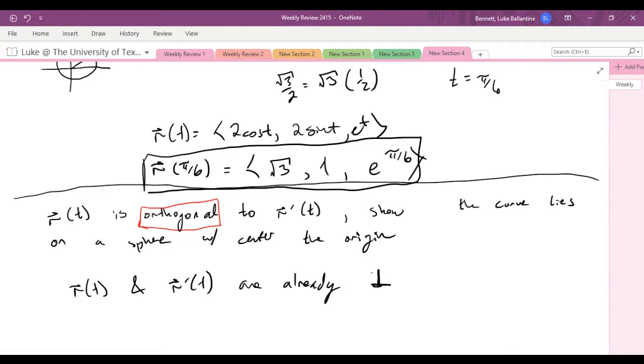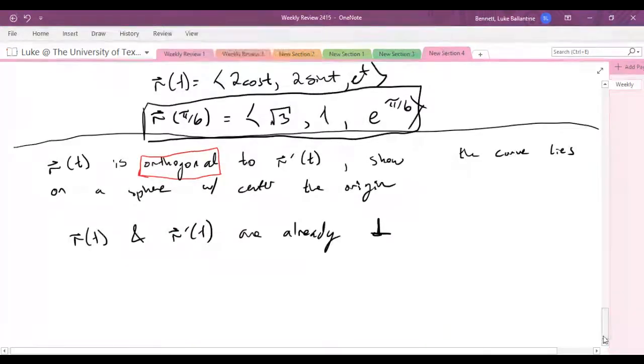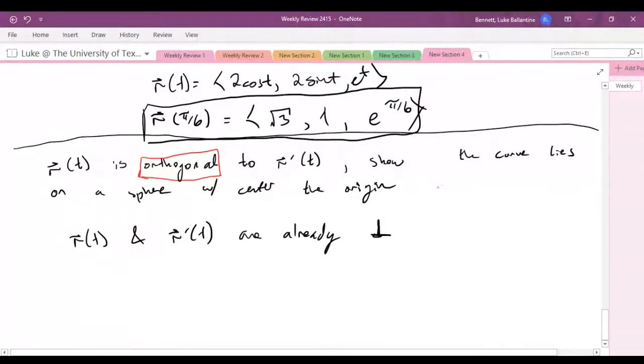So then I would have 3 orthogonal vectors. So that's not quite the route to go with it. Think dot product. What theorem involves the dot product and orthogonality? Dot product equals 0. Yep.